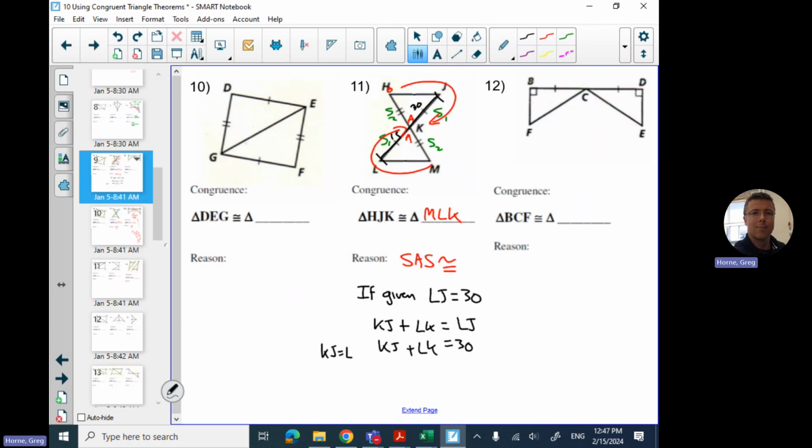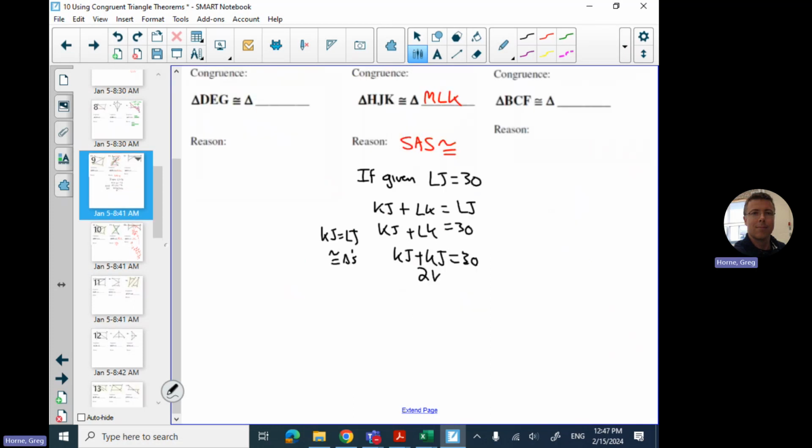So congruent triangles. And so the KJ would be in there twice. KJ plus KJ equals 30. 2 KJs equals 30. Divide both sides by 2. End up with KJ shown very thoroughly to be 15, justifications of how we did it, and so on.